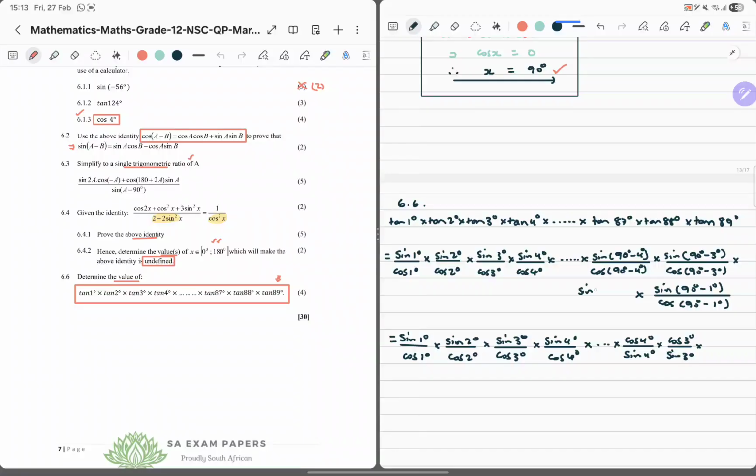You see now, and this thing is so overwhelming, this is sine of 90 degrees minus 2 degrees over cos of 90 degrees minus 2 degrees. Okay, I wanted to write 4 terms at the end like it was the case here. So this is going to be cos 2 degrees over sine 2 degrees times by cos 1 degree divided by sine 1 degree.